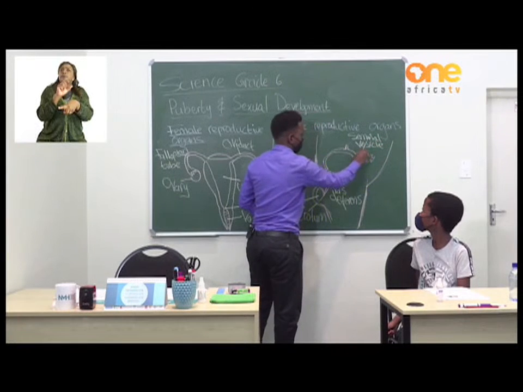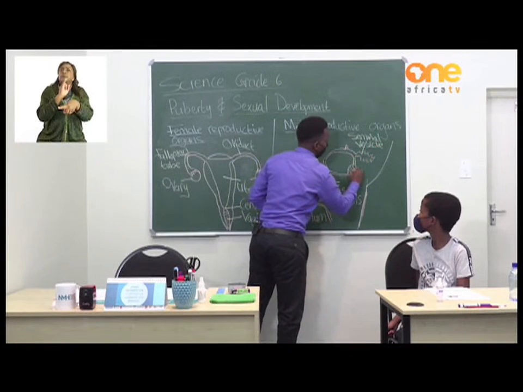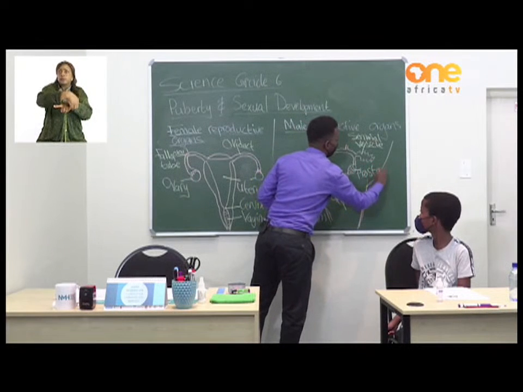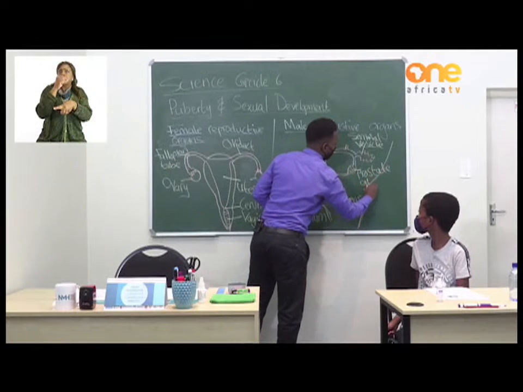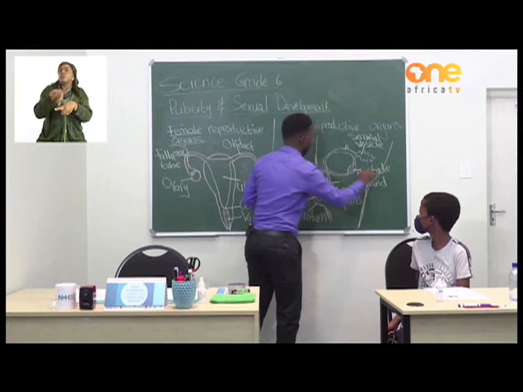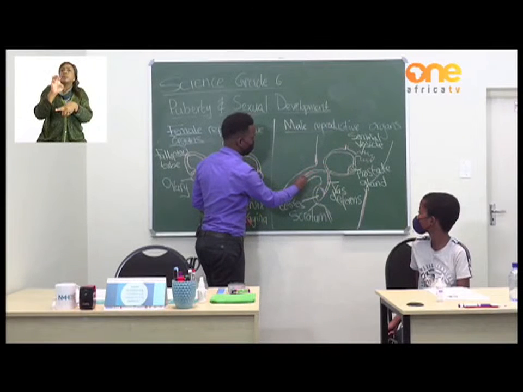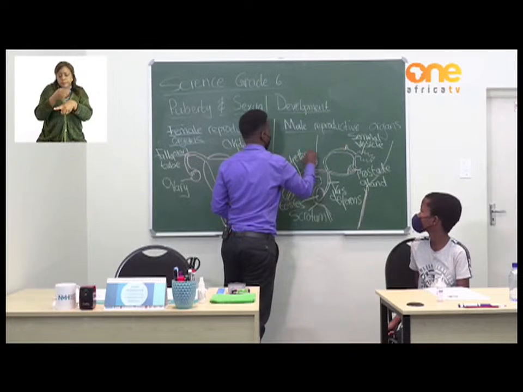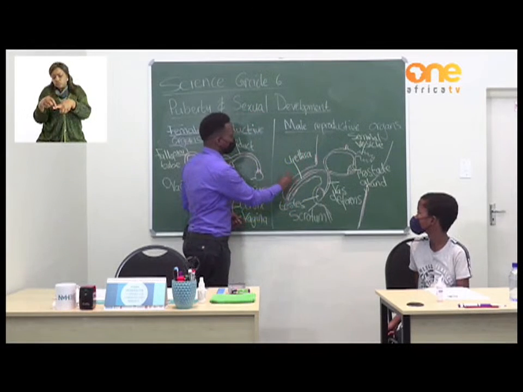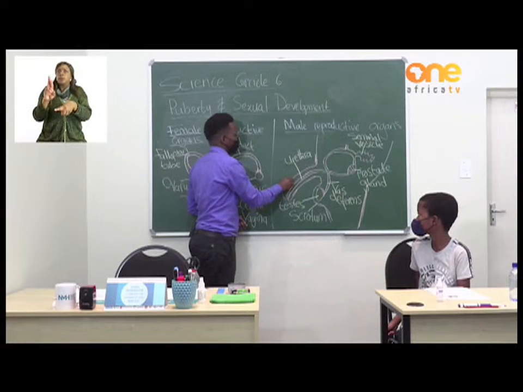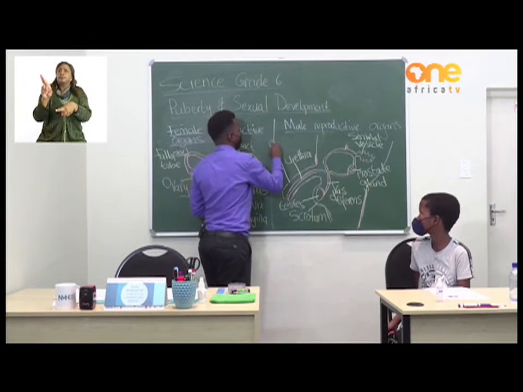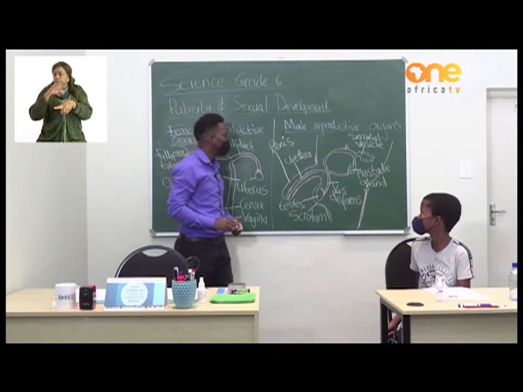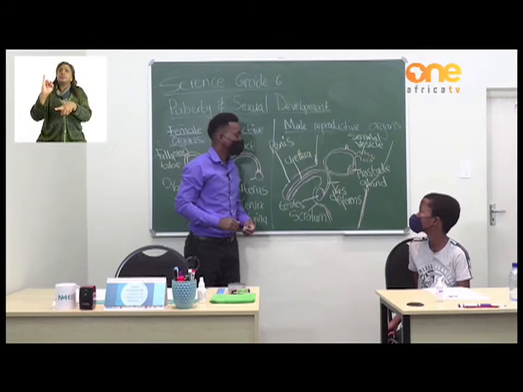And from the seminal vessel, there's another structure where it goes into called the prostate gland. From the prostate gland, there's another tube, and this tube is known as the urethra, and the urethra is in-housed by another structure referred to as the penis. The penis also hangs outside the man's body.